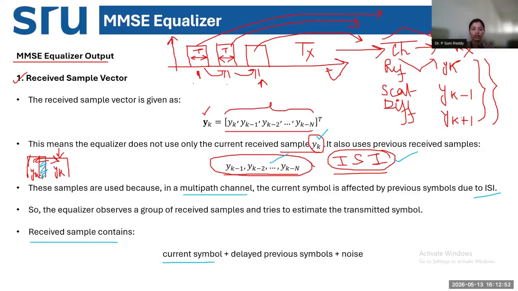We are receiving the current signal that is being transmitted along with the previous delayed versions of the transmitted signal. Delayed version means k-1, k-2, like those symbols. So this is my current k and this is my delayed version. Along with this, I will have some factor which is called noise. What is noise? Noise is the unwanted signal which is present in the wireless propagation.